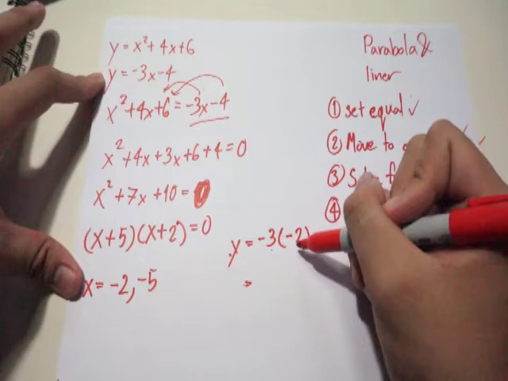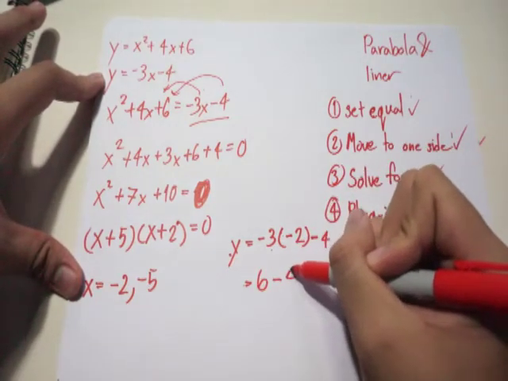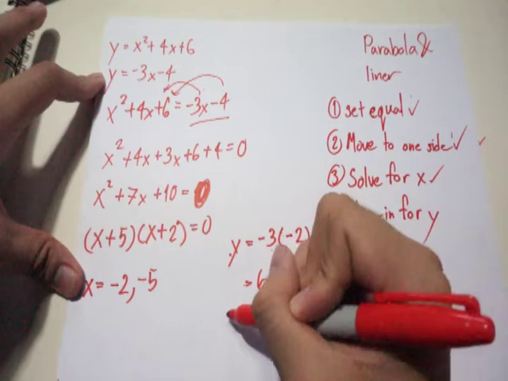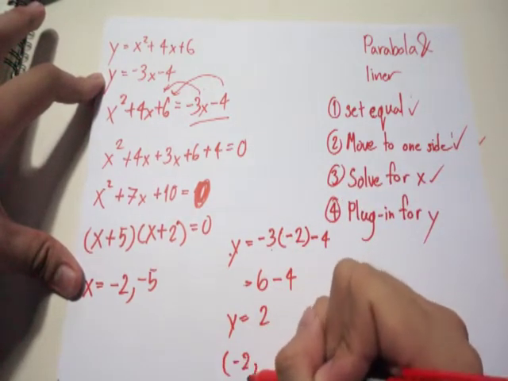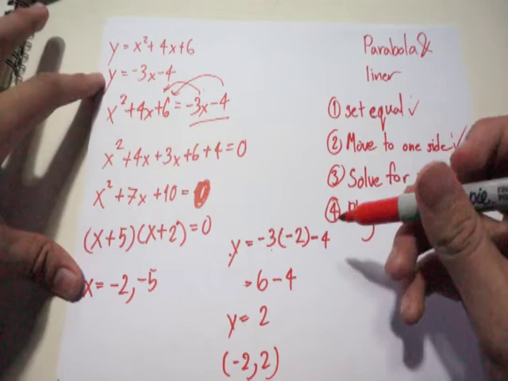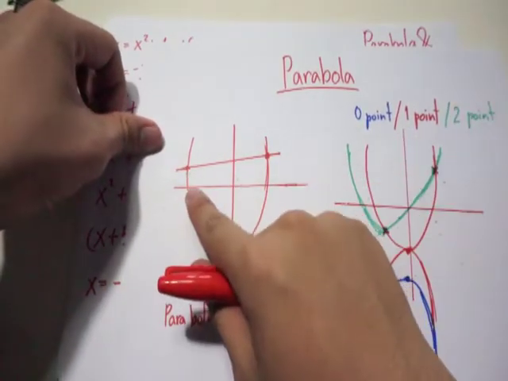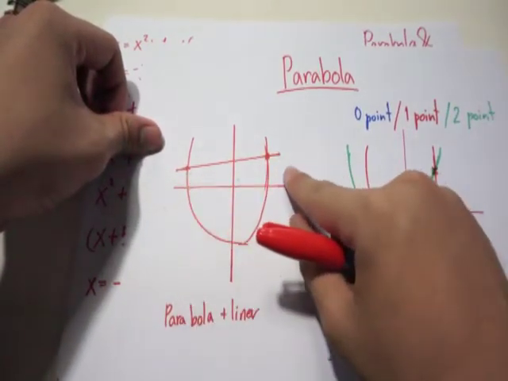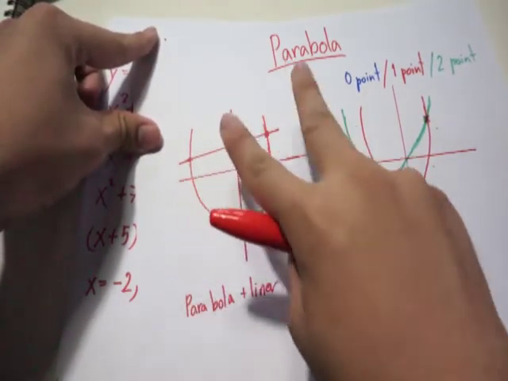Negative times negative will be positive, which is 6, and then -4 will be 2. We got the first one, which is this. And since an intersection will always be 2 points in this circumstance, we're gonna have 2 answers.